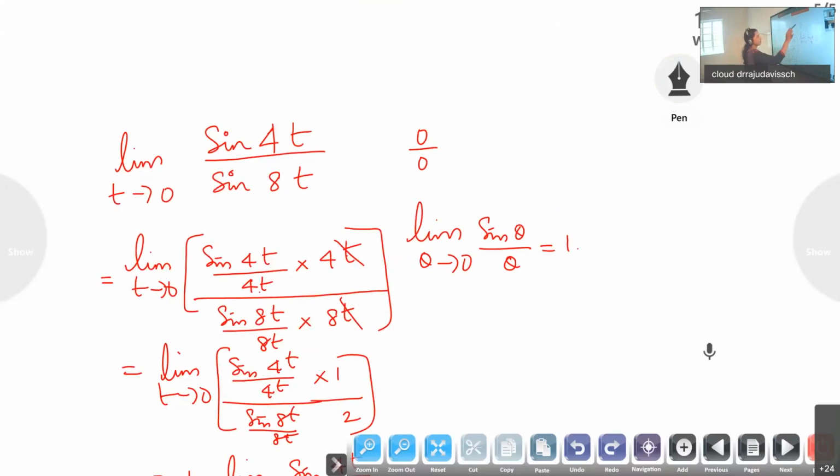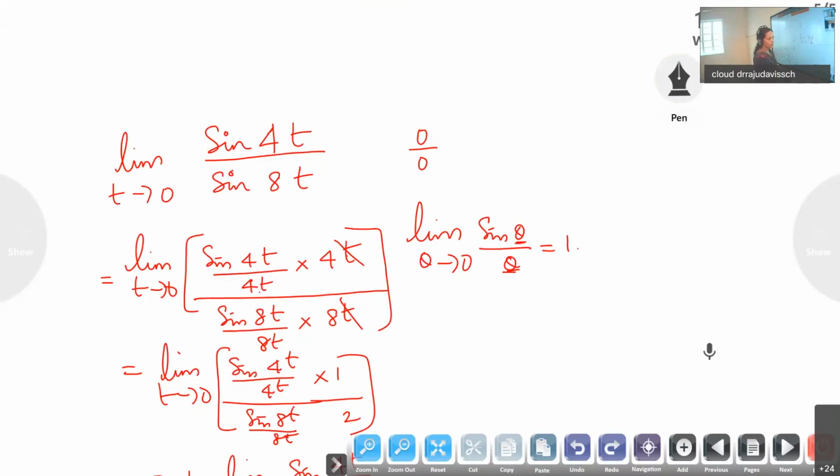When we put t as 0, it takes the form 0 by 0, so we want to use this identity. It should be in the form sine theta by theta, and if the numerator is theta, the denominator also needs theta. In the numerator we have 4t, so we multiply and divide by 4t, and in the denominator we multiply and divide by 8t. Then this t and t will get cancelled.